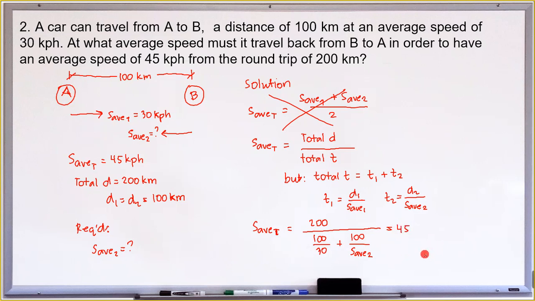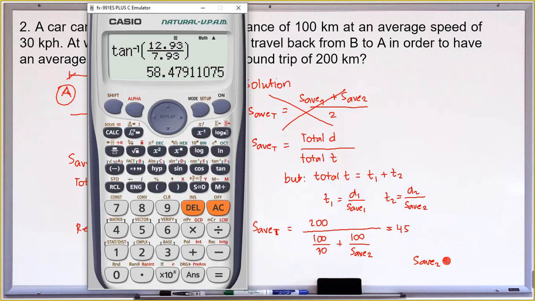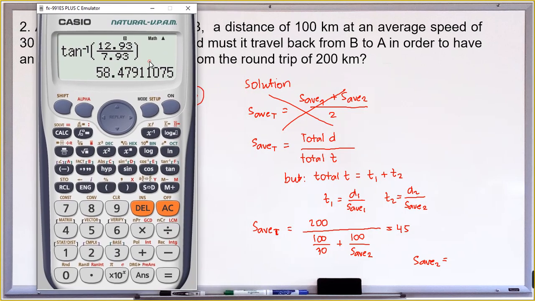Now, we can solve the average speed directly. I will teach you the shift solve. Since usa ra may gipangita nga unknown, madali siya i-shift solve. So ingani ang pag shift solve, imo siya i-type. So we have 200 tapos 100 divide by 30 plus 100 divide by average speed, ang unknown, so alpha x.